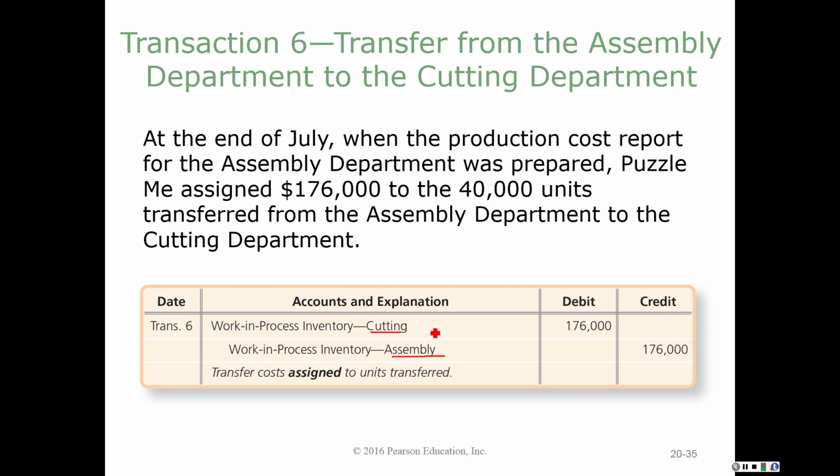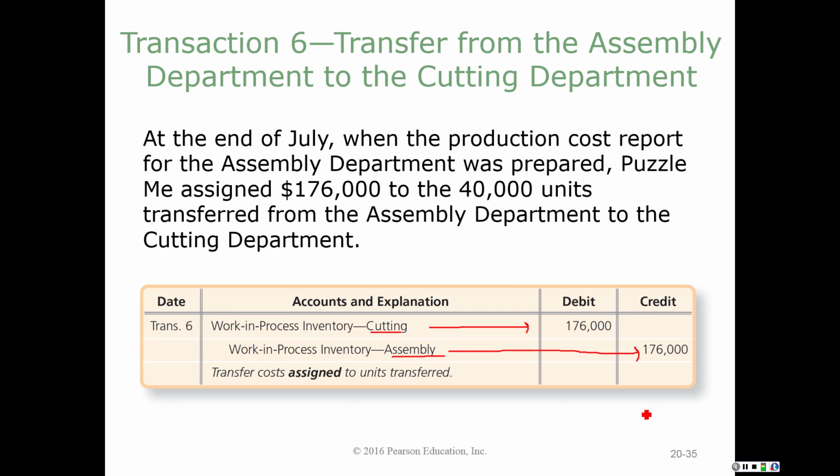So this happened in cutting. If you remember back in our journals, we incurred $176,000 in the cutting department. I'm sorry, the assembly first. Let me back up. We incurred $176,000 in the assembly department.